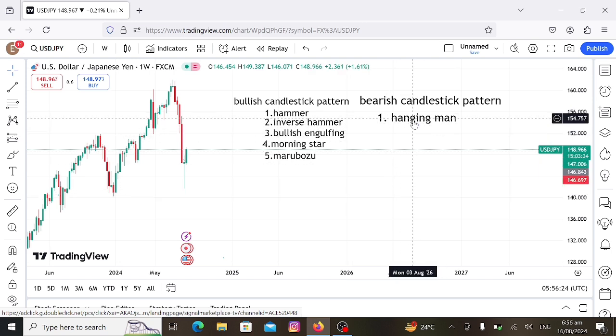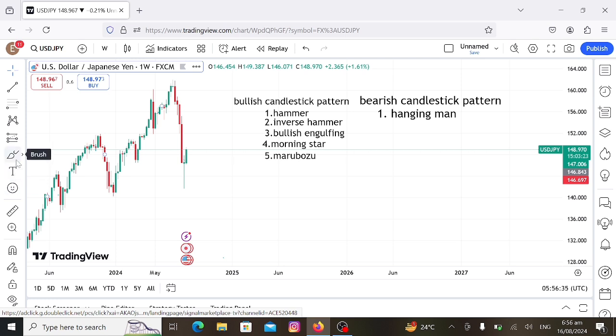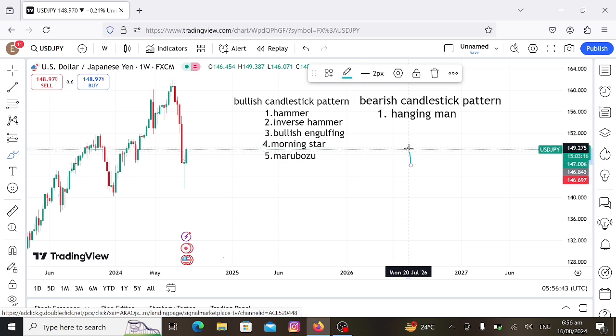So this is the first one when it comes to bearish, the hanging man. It is somehow the opposite of what we have been doing. So this is what a hanging man looks like.